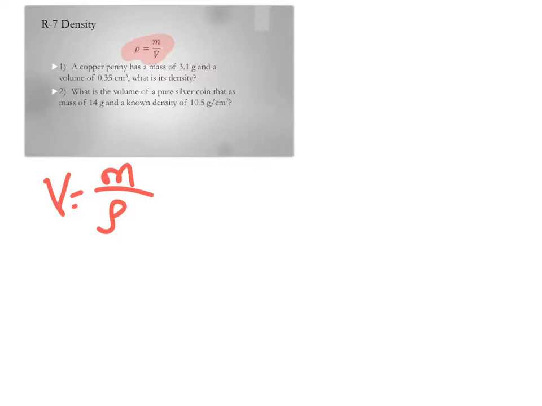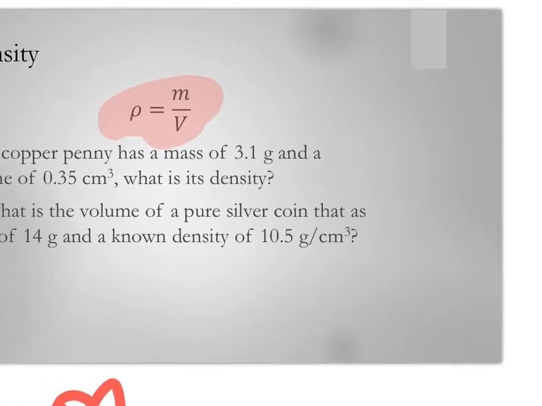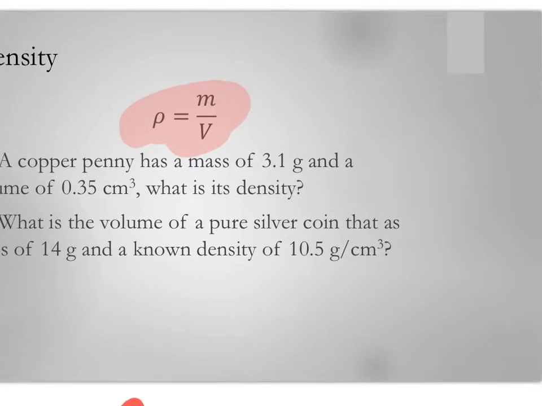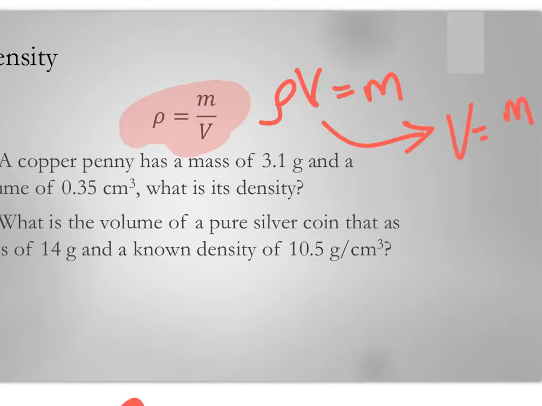And you can get that by moving the volume over here, moving the density over there. Or if you want to look at it another way, you could think about it as multiplying both sides by volume. So you'd get rho v equals m, and then dividing each side by rho, and you'd get m over rho.